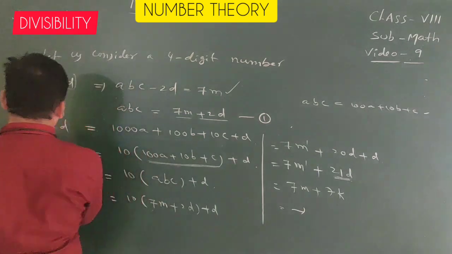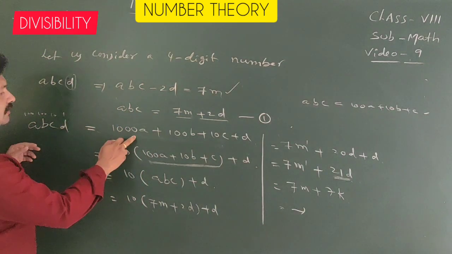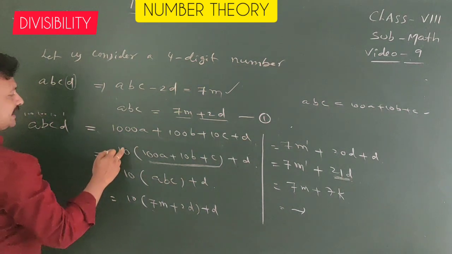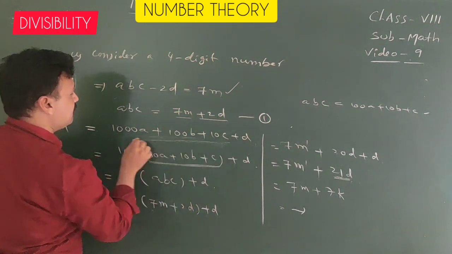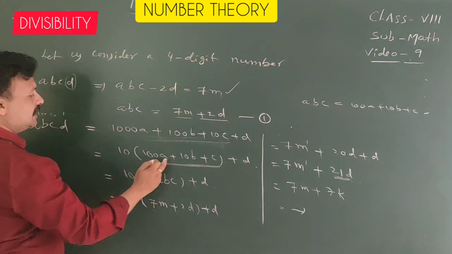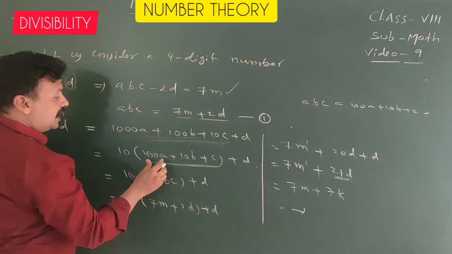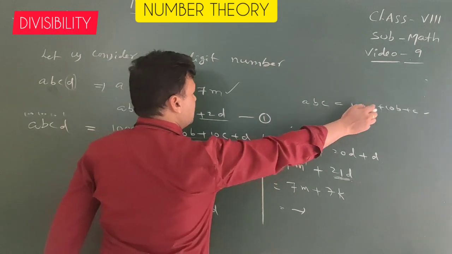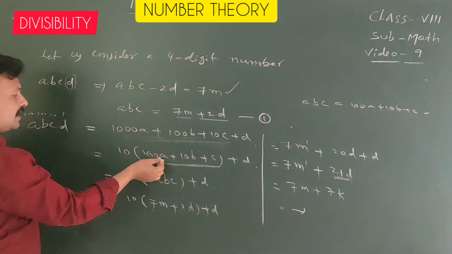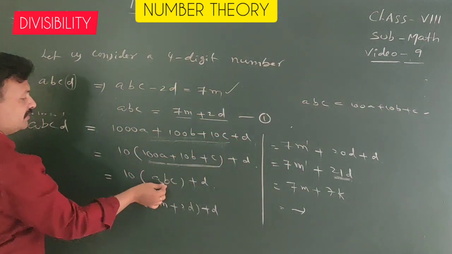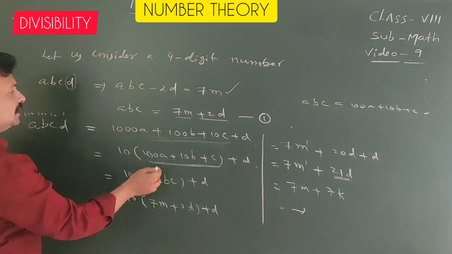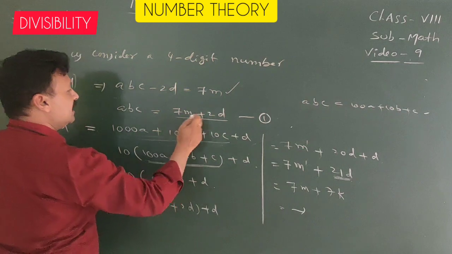Now the expanded form of ABCD is 1000A plus 100B plus 10C plus D. If you take 10 from the first 3 terms, then you will get 100A plus 10B plus C. Already we know the expanded form of ABC is 100A plus 10B plus C. So instead of it, I wrote ABC plus D. Now 10 into ABC is 10 into 7M plus 2D.